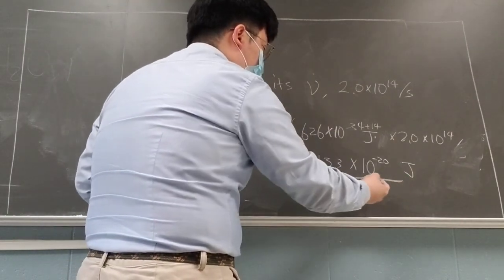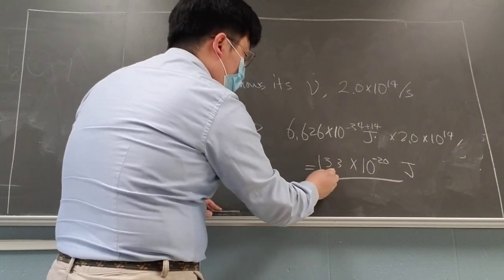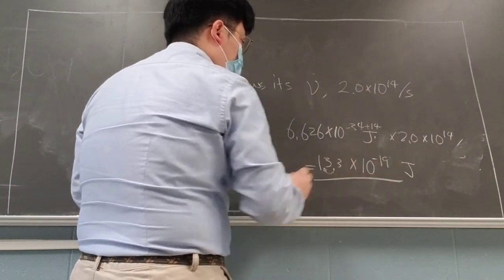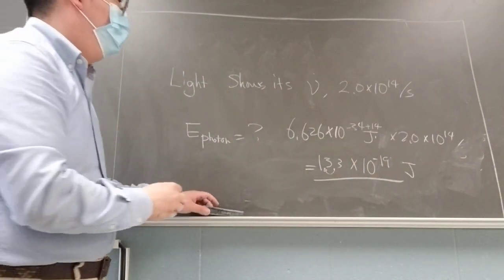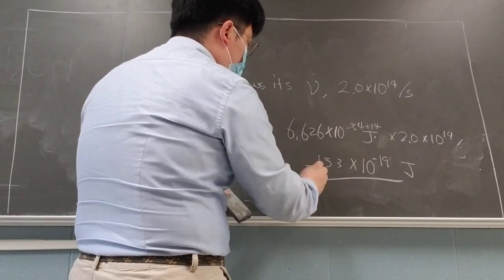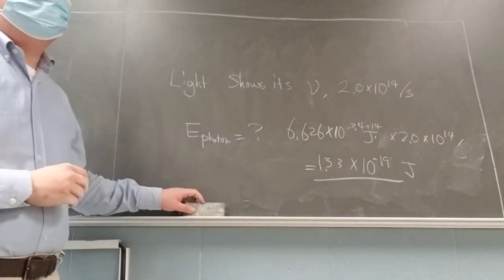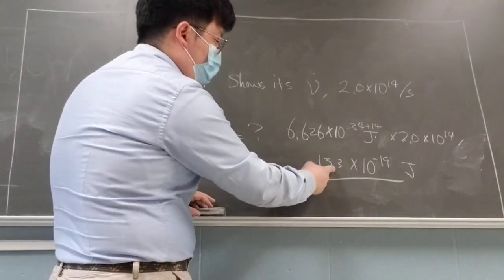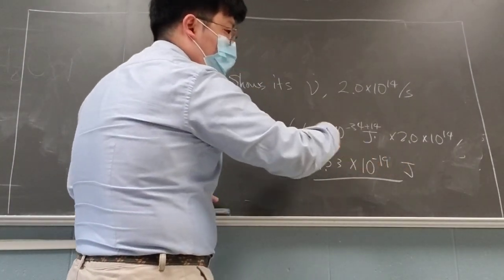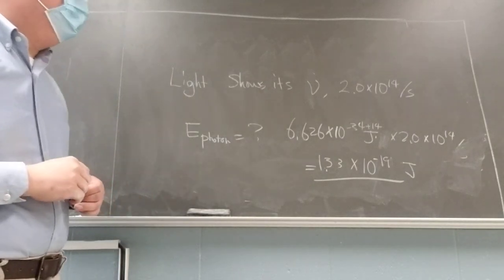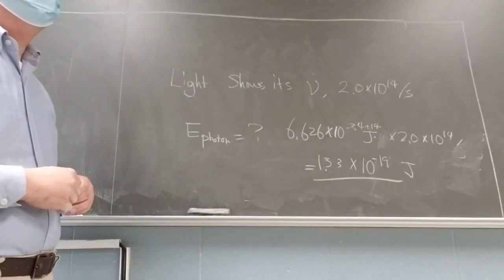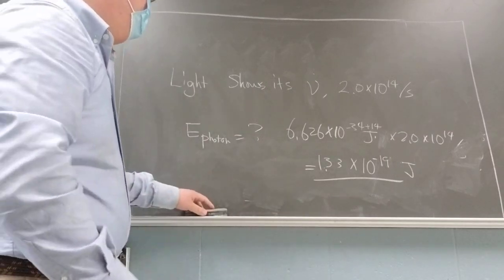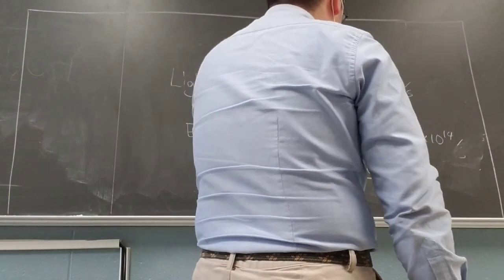So I'm going to move it to here, and it will be 1.33 times 10 to negative 19, because moving the decimal adds 1, so negative 20 plus 1 is negative 19. Makes sense, right? Good, perfect.